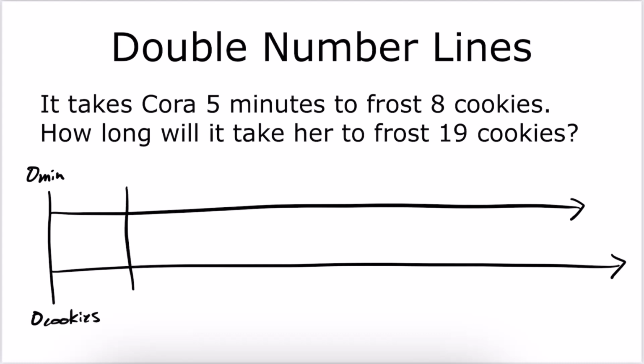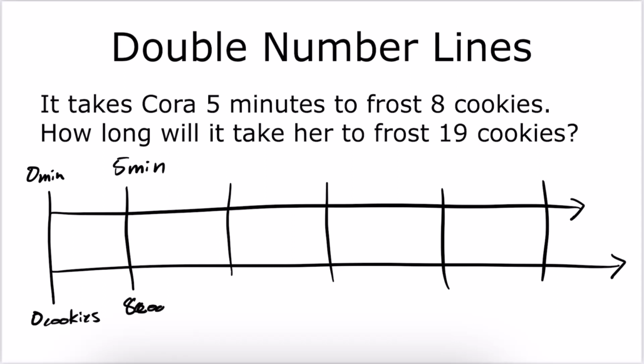And I'm just going to make a couple tick marks on my double number line, and I'm going to scale these. So if it takes Cora 5 minutes to make 8 cookies, then that would be my first tick mark. Then I would have 10 minutes corresponding to 16 cookies, and 15 minutes corresponding to 24, and 20 minutes corresponding to 32.